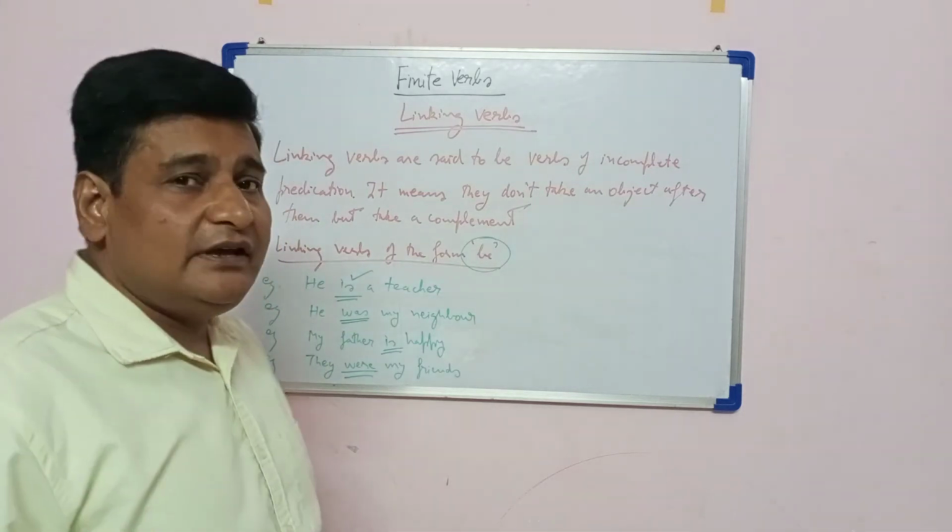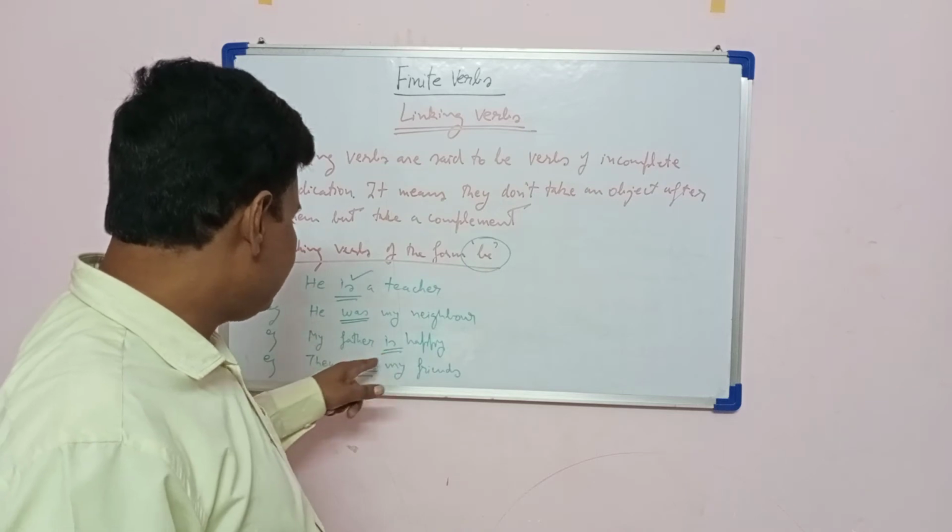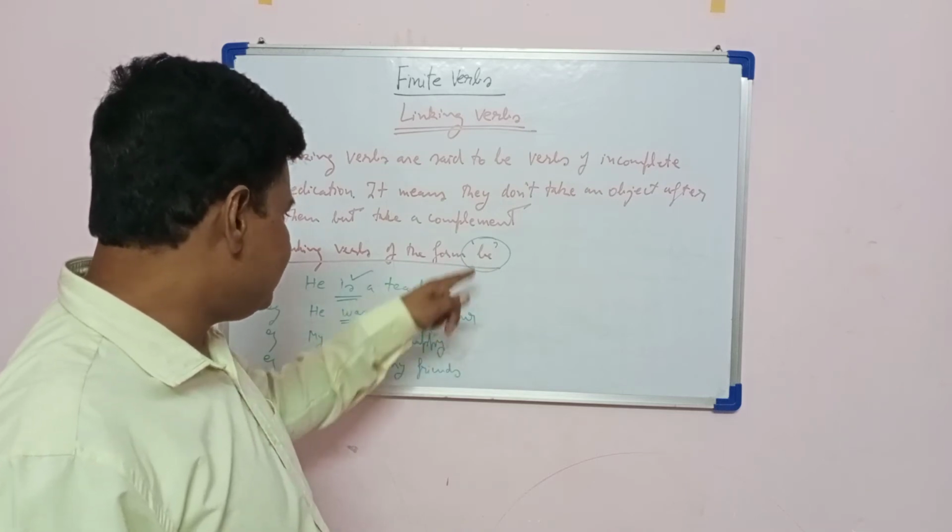So here you can see these are the forms of be: is, was, were.